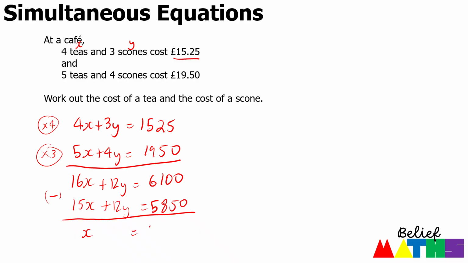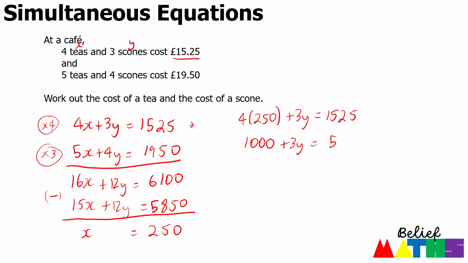and that tells me x is equal to 250. Now in this case that's 250 pence or £2.50, but we're going to leave it as 250 for now. We then take that x and we substitute it back into one of our two equations. I'm going to choose the first one, so I get 4 times 250 plus 3y is equal to 1525. That's 1000 plus 3y is equal to 1525.